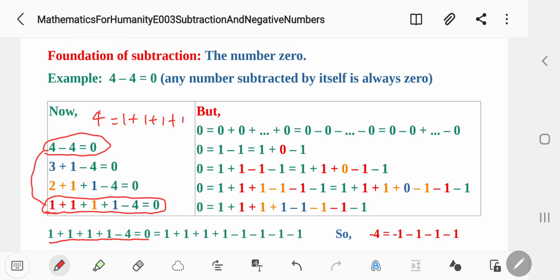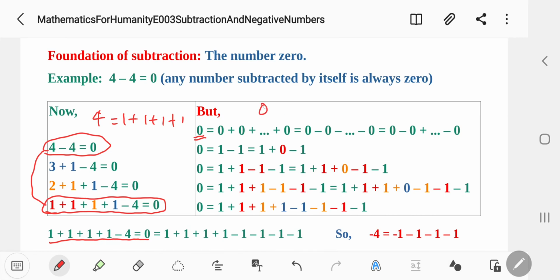Now, look at this. We go to the rules. 0 is nothing, so it can be equal to 0 plus 0 plus whatever number of zeros you want to put there, it's still 0. So 0 plus 0, this is like an uncountable number of zeros that you want to put there.